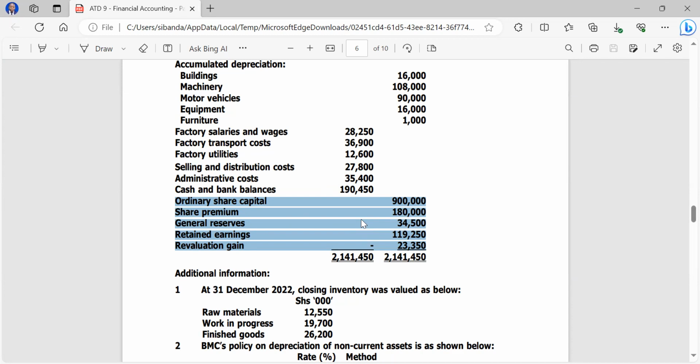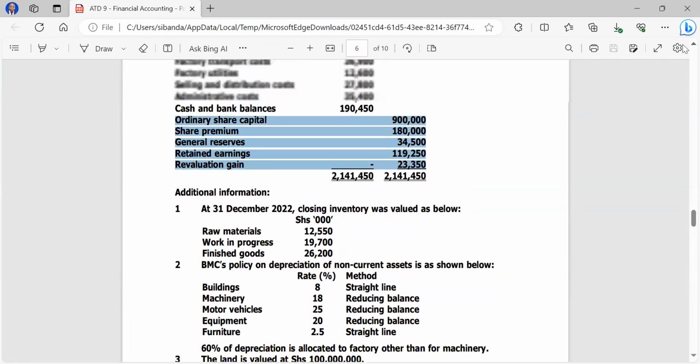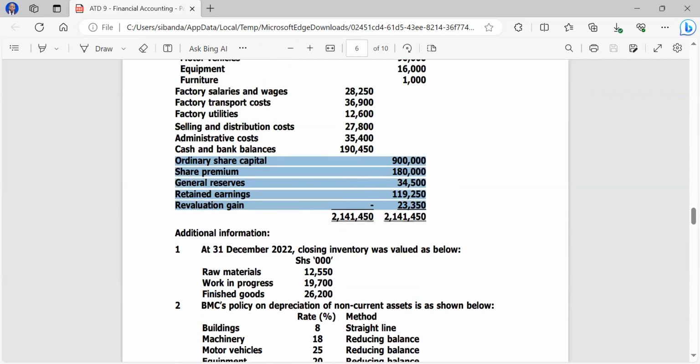We are going to use these as our balances brought down, okay? And now what we are going to do is, they are telling us that additional information. So we are now going to adjust these items here based on the additional information. Okay, so again, revaluation gain is also an item of equity. That is also very important to take note of.